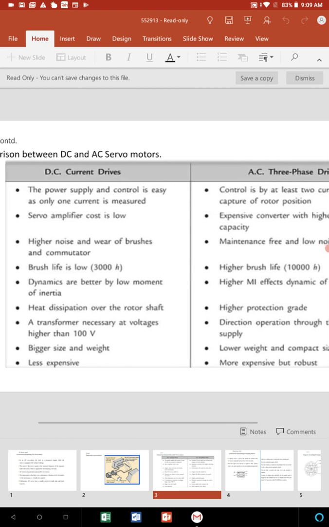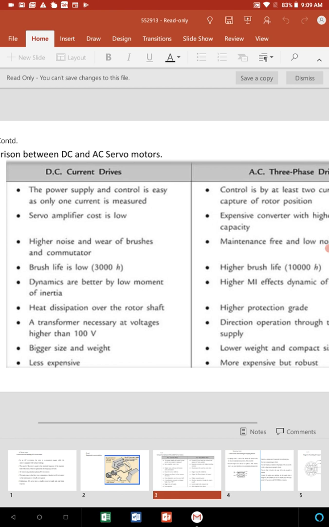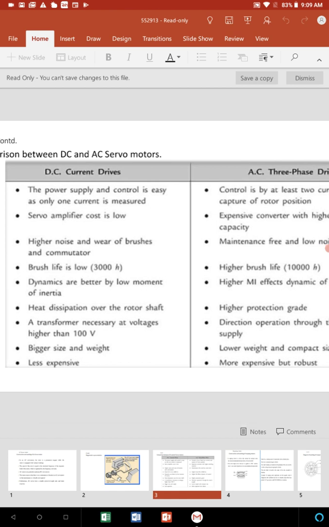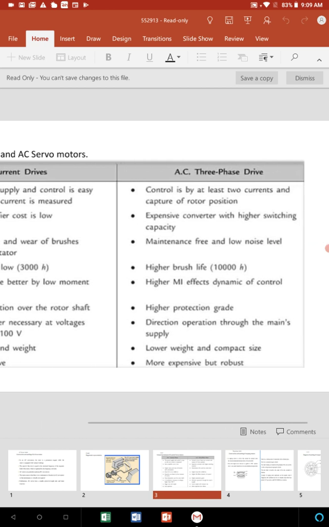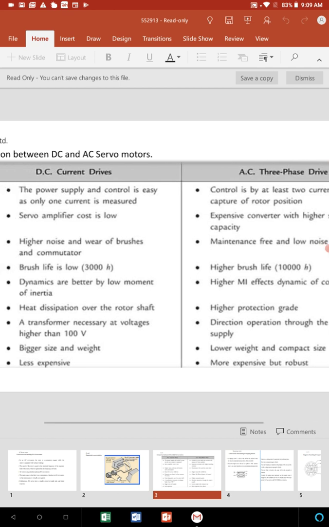And as we saw here, for brushed DC motors there is higher noise and wear of brushes and commutator, whereas in the AC, as it is a brushless type motor, it is maintenance free, or you can say noiseless.